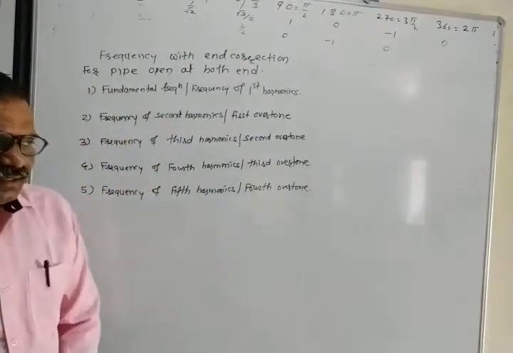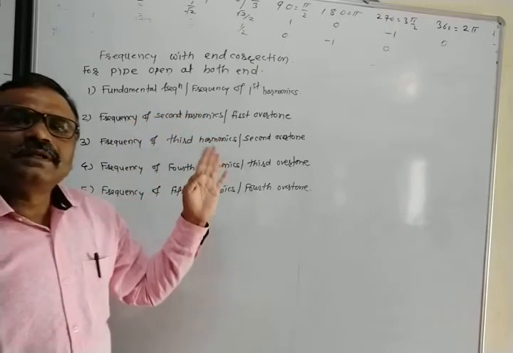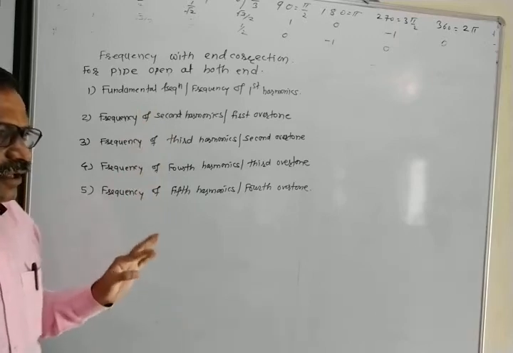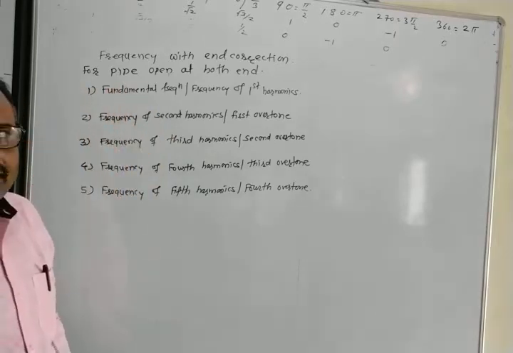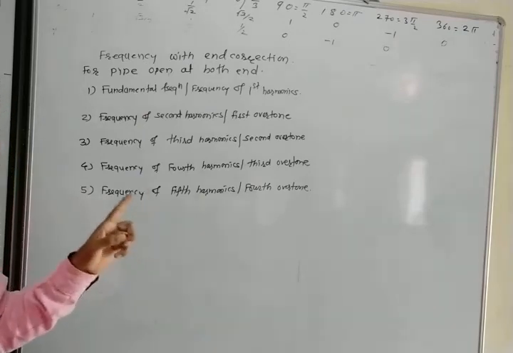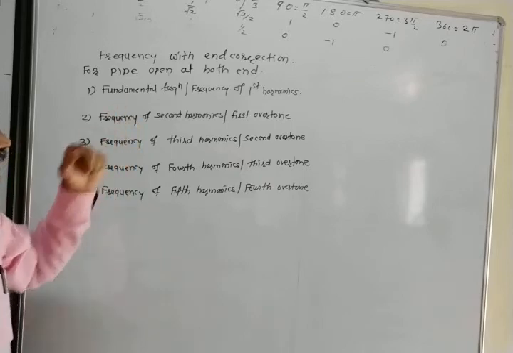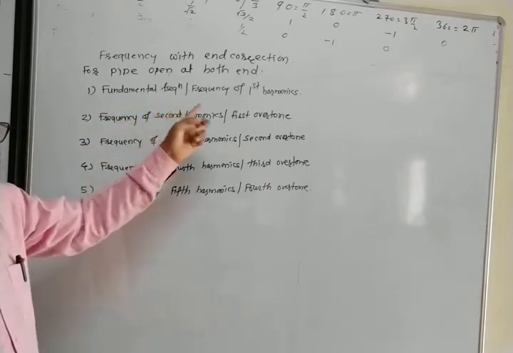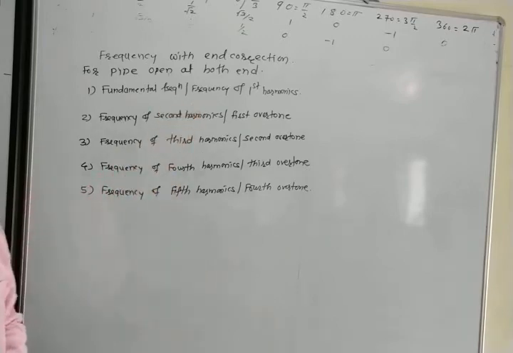Now we write expression for different frequencies of air column vibrating in a pipe open at both ends. Here we consider end correction. Now lowest possible frequency is known as fundamental frequency, or it is the frequency of first harmonic.